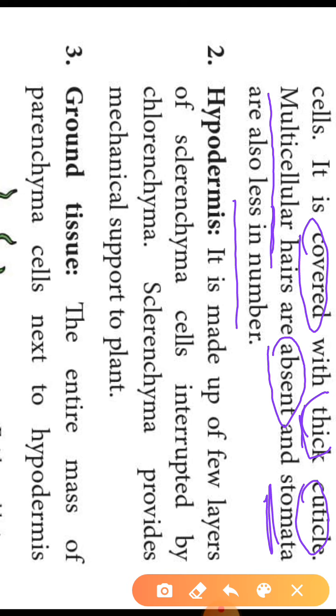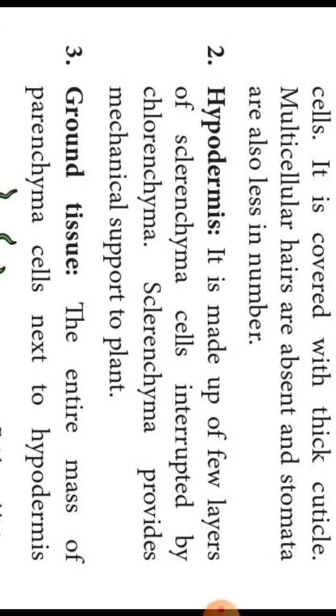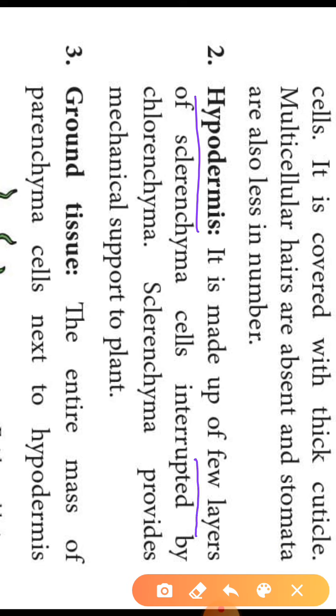Hypodermis is made up of a few layers of sclerenchyma cells interrupted by chlorenchyma. Sclerenchyma provides mechanical support to the plant. Hypodermis is composed of few, write the meaning, some layers.